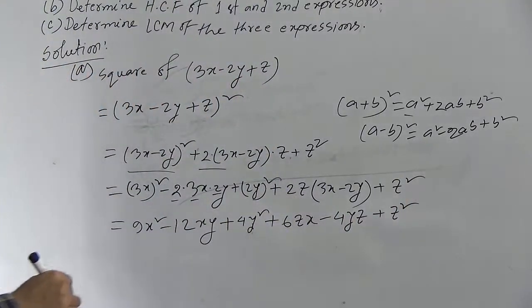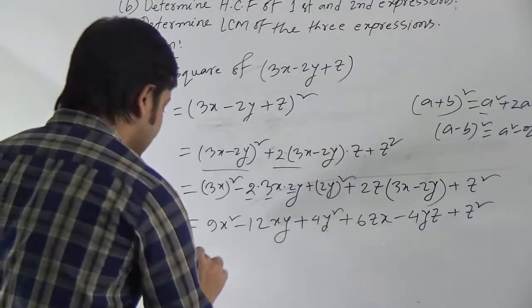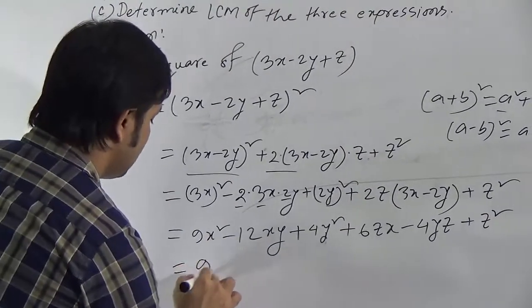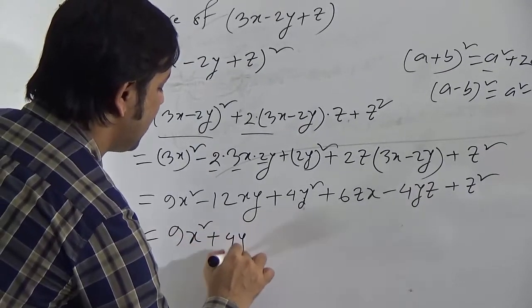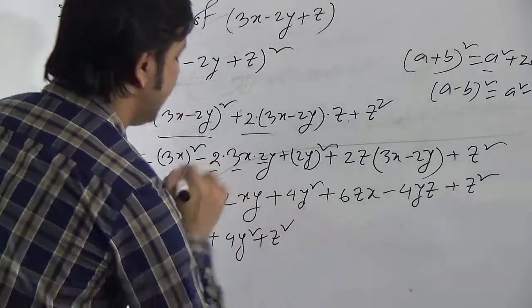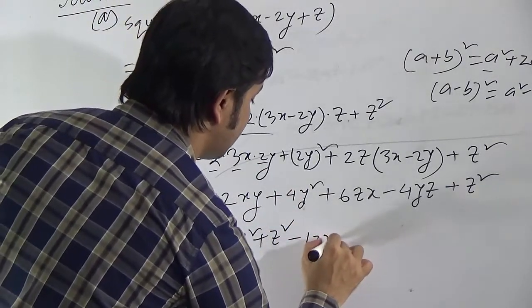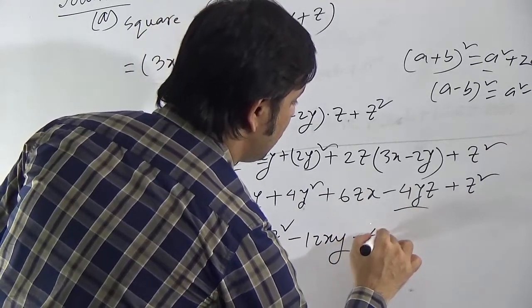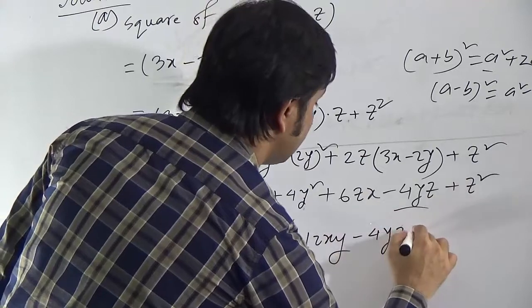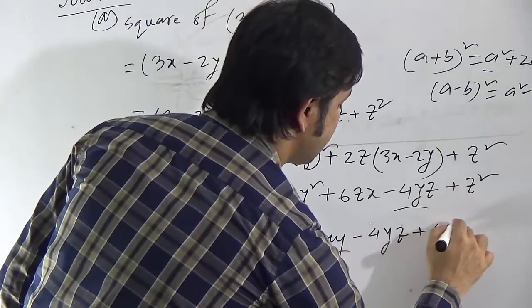Dear students, if you want you can write the answer here, but I will arrange it here: 9x square plus 4y square plus z square, now minus 12xy and minus 4yz plus 6zx.